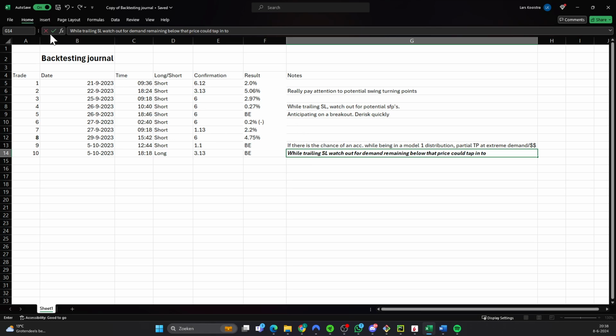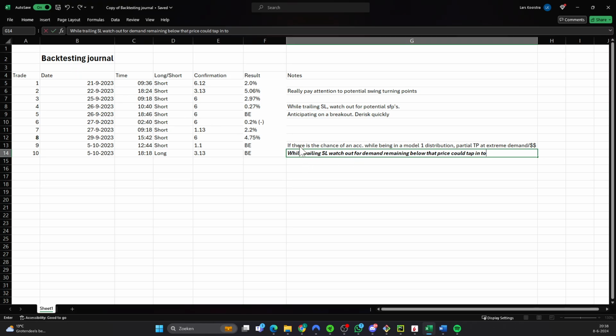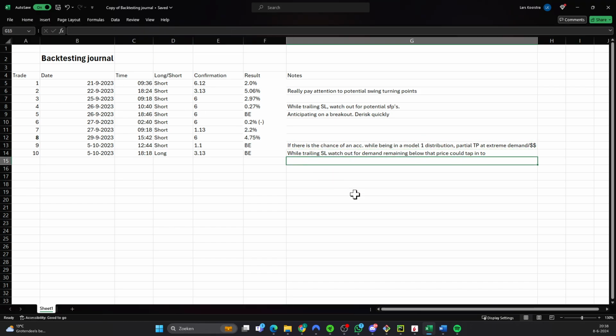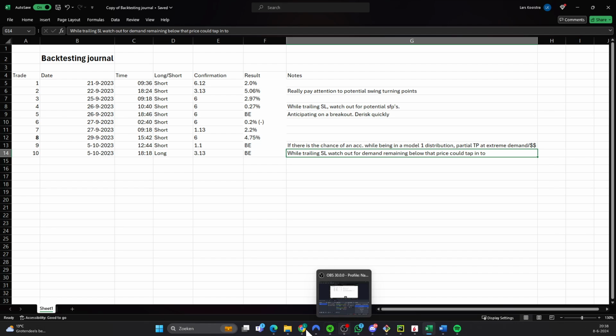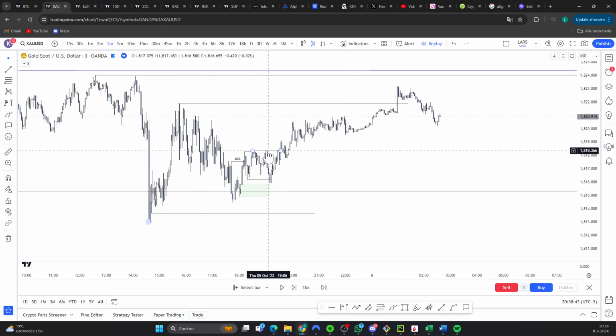I don't know why it's giving me the dark. Yes, but I'm noting that down there, so I remember exactly why we got stopped out without looking back at it.